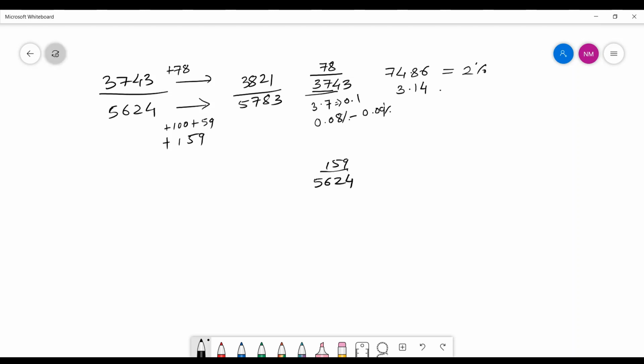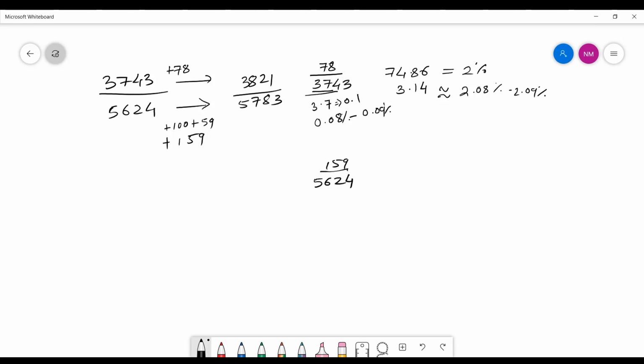So I can say that this is approximately equal to 0.08% to 0.09%. Now we can approximate it, and then we'll see if the denominator is also in a similar range. Then we have to get to the exact calculation, but in most of the cases it won't be needed. So approximating this way is fine.